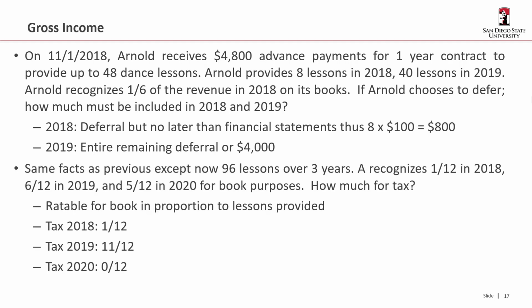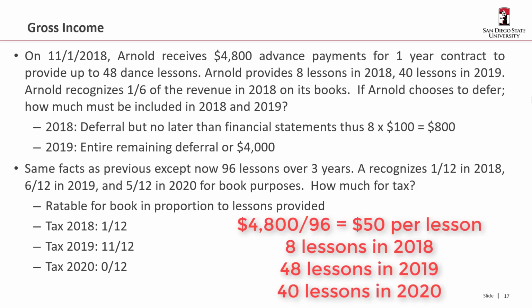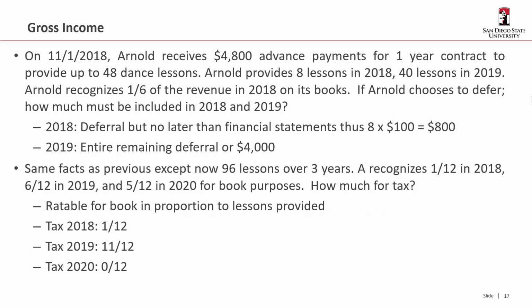Okay, so let's change the facts and say that instead of 48, it's now 96 lessons, and they occur over 3 years. So if the taxpayer, Arnold, would recognize 1/12 in 2018, and then 6/12 in 2019, and 5/12 in 2020 for book purposes, how much would he recognize for tax purposes?